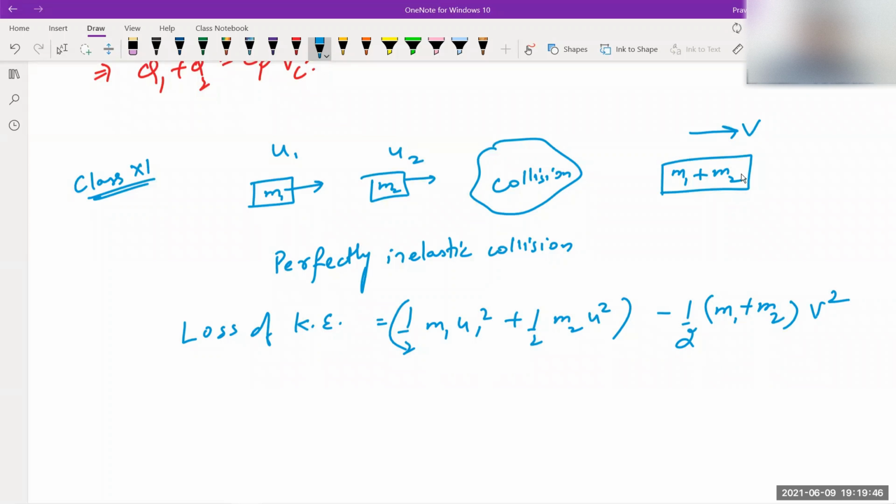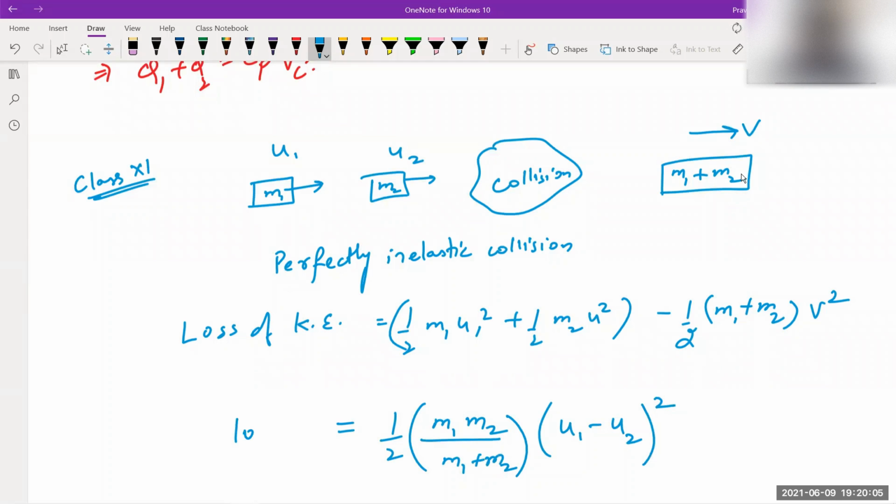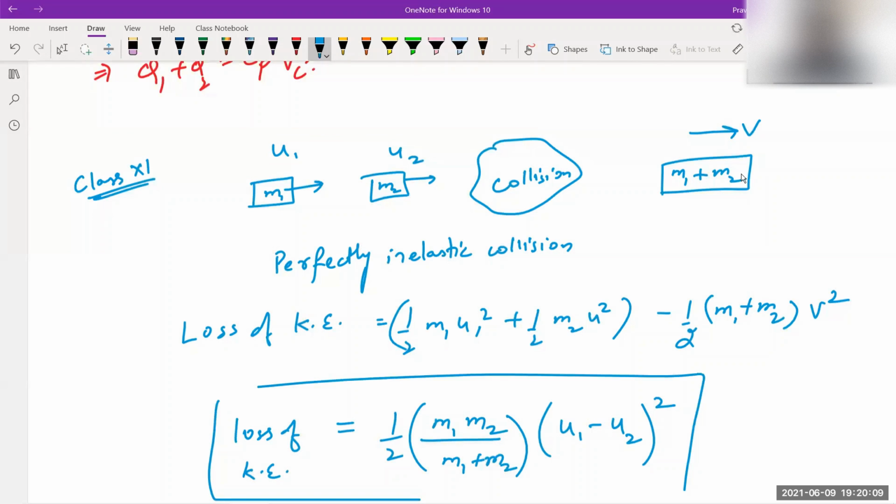When you use the conservation of momentum and place the value of final V, you can reduce this equation to half m1 m2 over m1 plus m2 into (u1 minus u2) square. This was the formula of loss of kinetic energy in a perfectly inelastic collision.